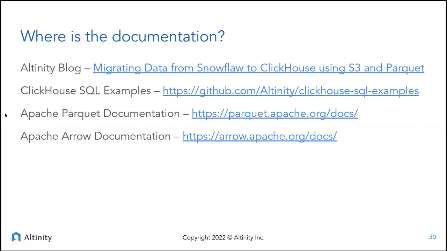And then beyond documentation about Snowflake itself, which, if you use Snowflake, you're probably pretty familiar with, if you want to dig more deeply into this, Apache Parquet and Apache Arrow are 2 good places to look. Parquet, of course, explains how Parquet works. And then Apache Arrow provides really handy libraries for reading Parquet data. They're widely used, and the Python libraries are quite good and pretty simple to use.